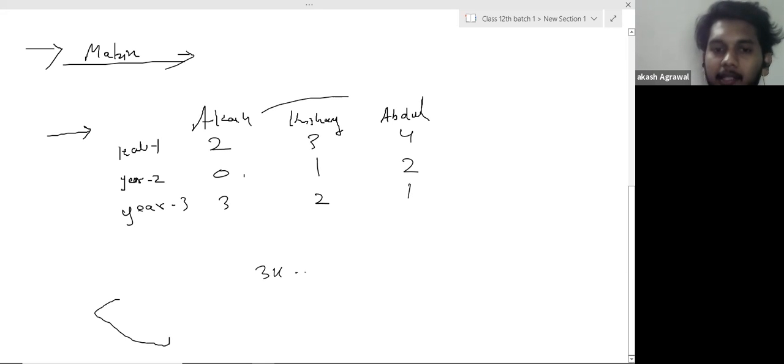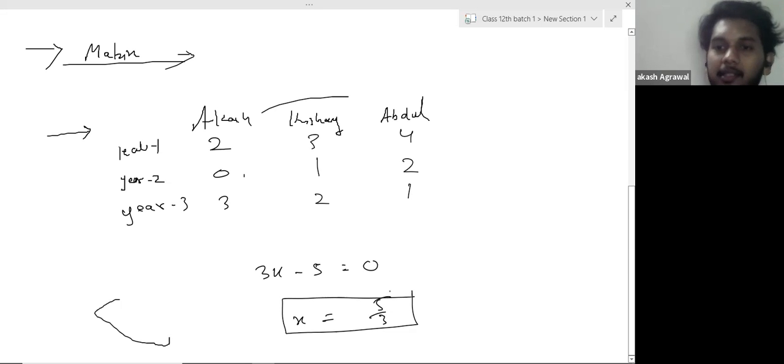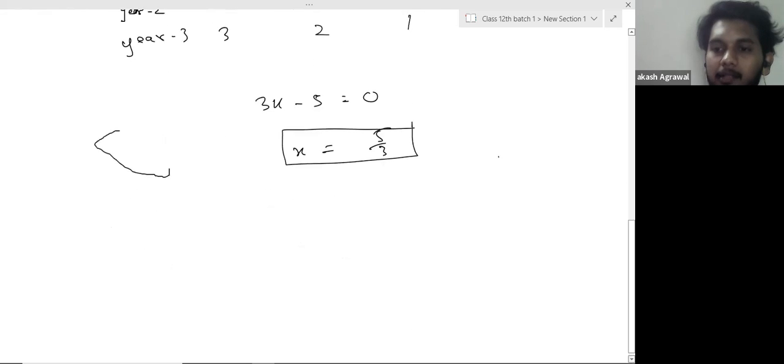If I write 3x minus 5 is equal to 0, so you say x is equal to 5 by 3, right? There is some value in it, some specific number. But matrix is a data arrangement. Are you getting my point? You don't get a number out of that. That is a structure. So this is what matrix is.